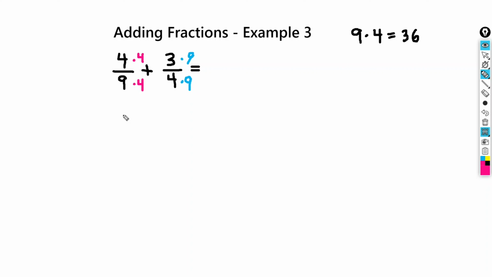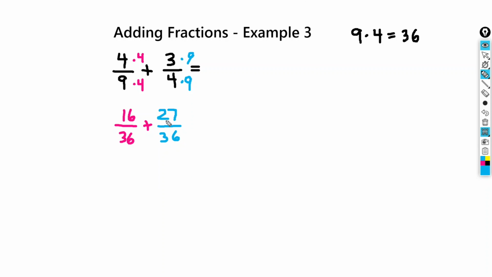Okay, so 4 times 4 is 16. 9 times 4 is 36. Plus 3 times 9 is 27. 4 times 9 is 36.